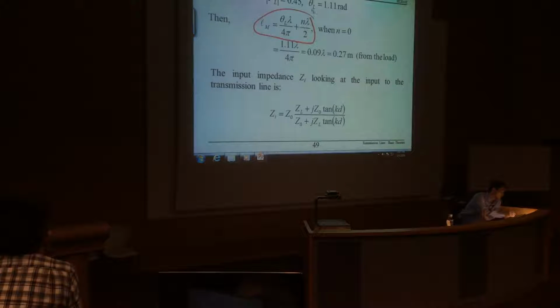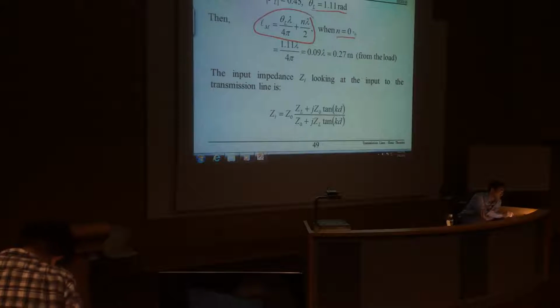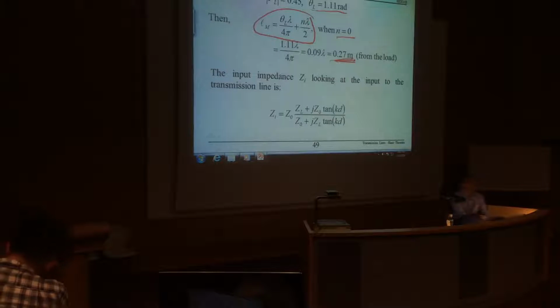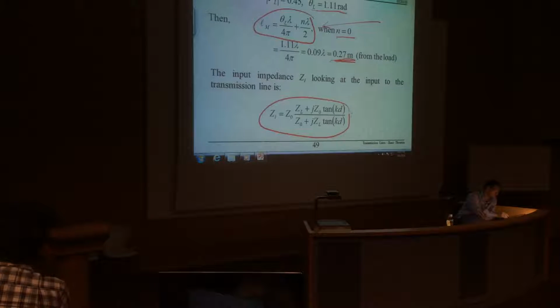Notice theta L is greater than 1, so n equal to 0 will be chosen. So theta L lambda divided by pi, this is not difficult. Just apply this equation, also be careful. For the input impedance, we just use this very important equation.